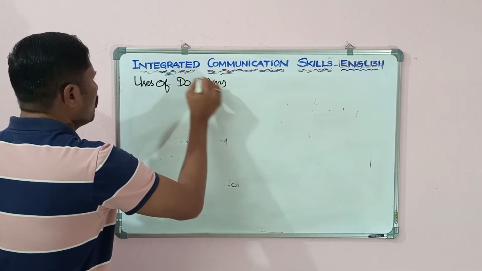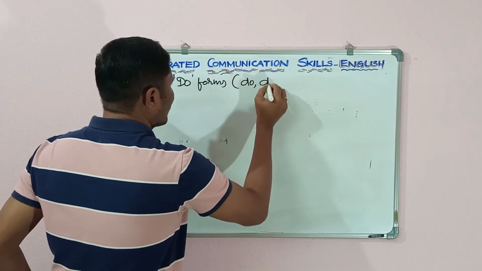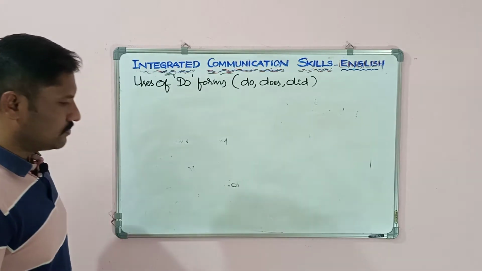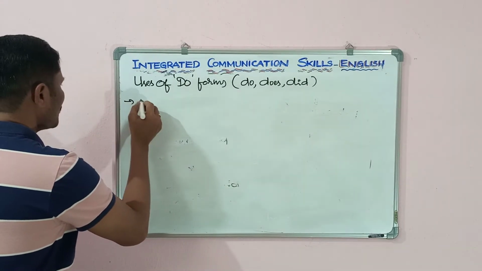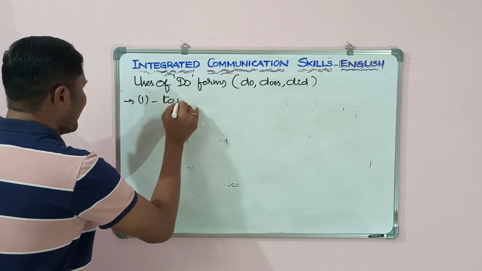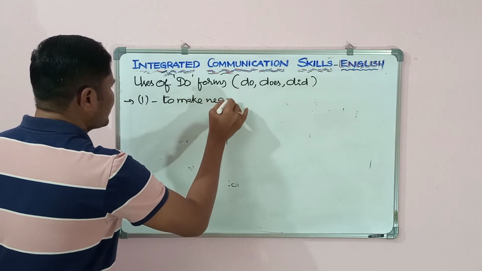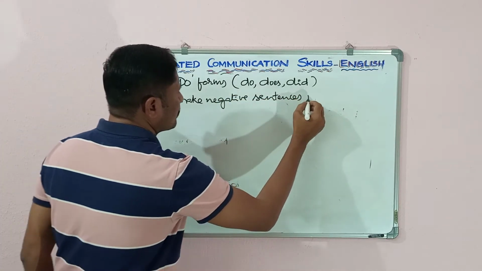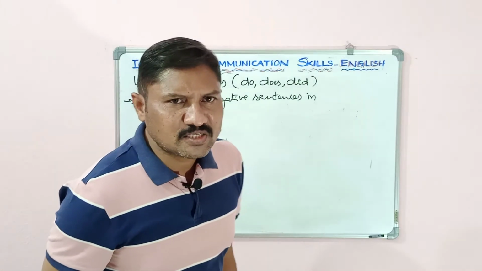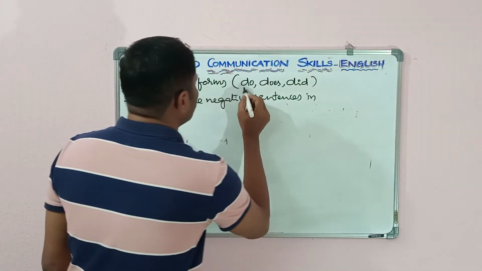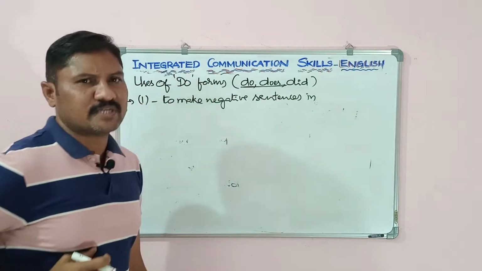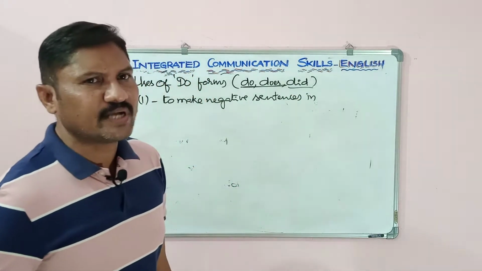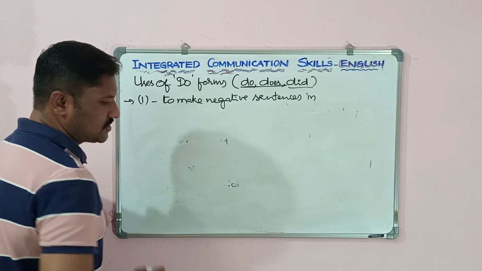First usage: to make negative sentences in both simple present tense and simple past tense. We use do and does in simple present tense for making negative sentences, but did to make negative sentences in the past. So let me write some sentences.